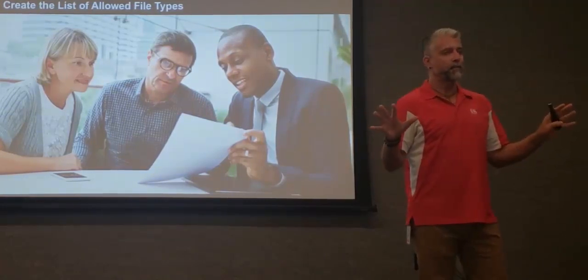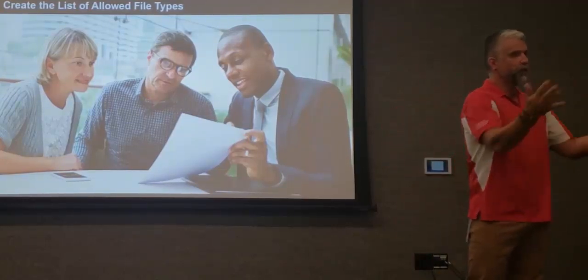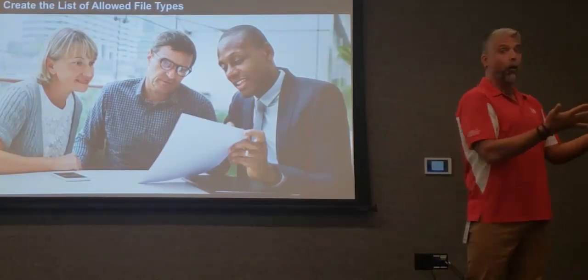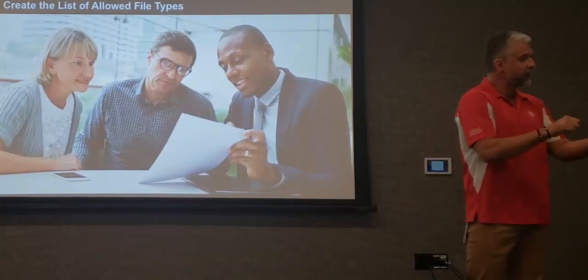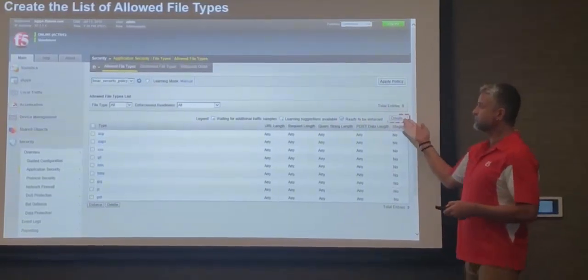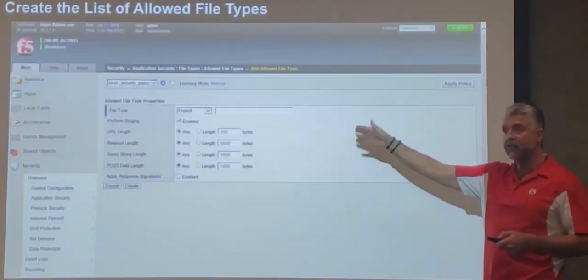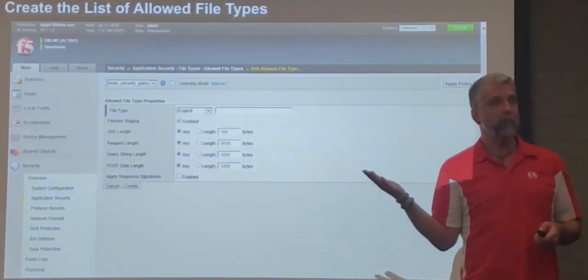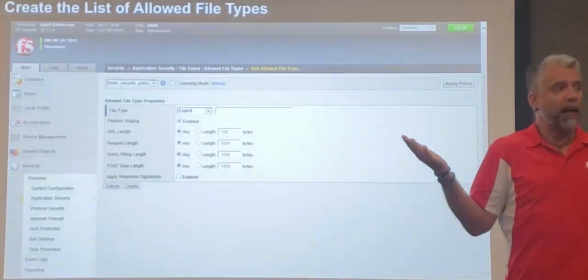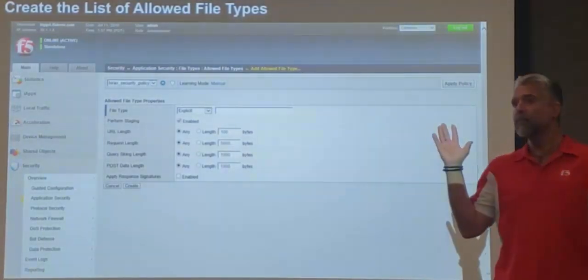They're on top of it. So they bring those people into the meeting with us, and I say, hey, I need to know all of your file types. They give me a list. And then I can just go into the UI and use that create button. And I can create each file type one at a time. That'll take me 5 minutes, tops, to create that list, and I'm done.